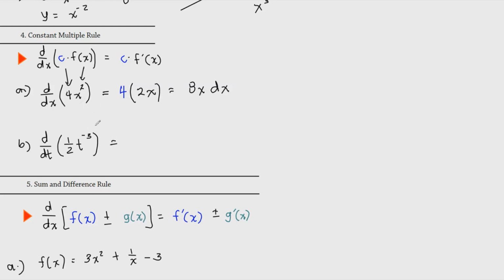Now, here's another constant multiple rule. If you notice here, the function is being differentiated with respect to t and not x. There are a lot of times in your higher engineering that you'll encounter problems in which we differentiate functions not simply with respect to x, but sometimes with respect to time, area, length, or temperature.